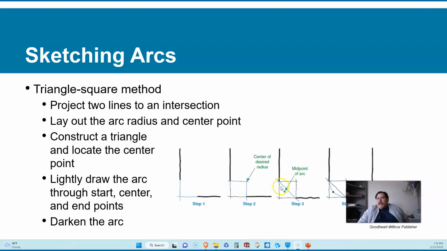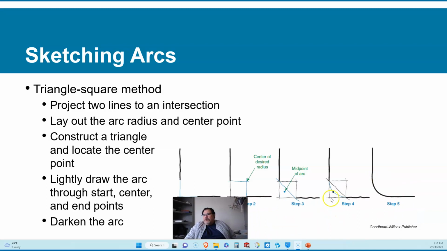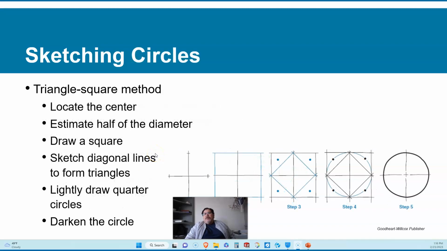You just swing across through that to generate that path right there. And then you just darken it and complete that radius there. And so these are the steps to getting that to be a radius from those corners. Very plain and rudimentary technique.